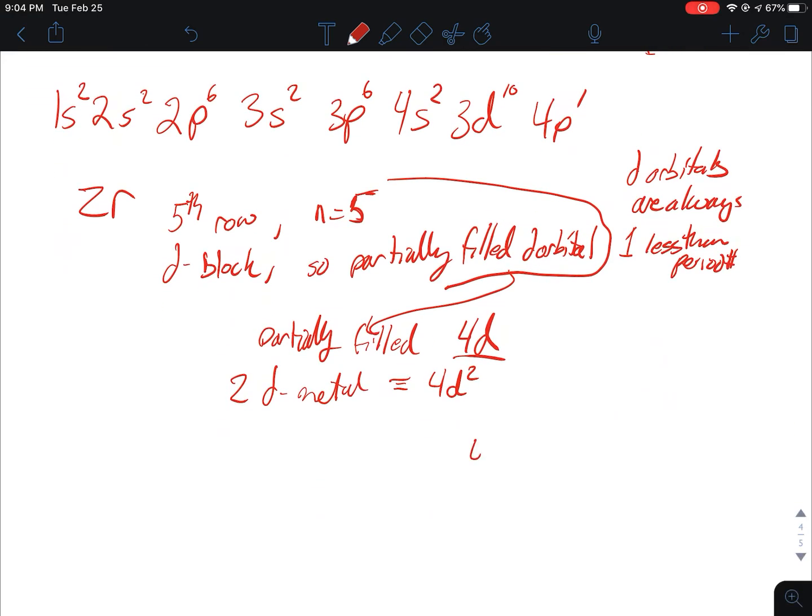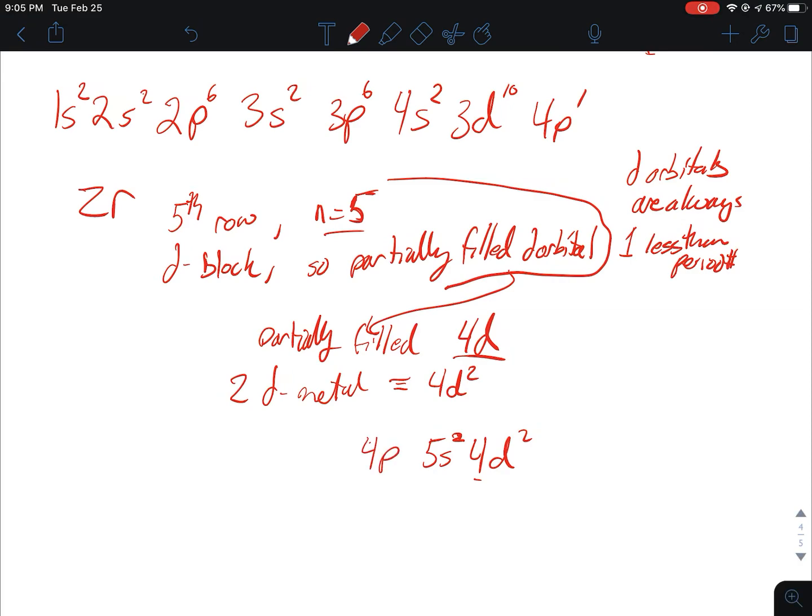Whew. Okay, so now we know what the last electron is. If it's 4d2, and we do know that there's n equals 5, so I'm still missing something, so I have to put that 5s2, and then everything else is filled. I don't even have to really think about it. I'm starting at 4.